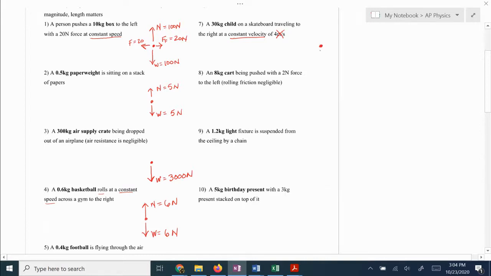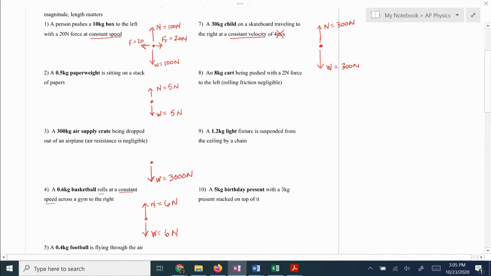We obviously have the weight force, or the force of gravity. That's going to be 30 times 10, so that's 300 newtons. And then we also have the normal force on the child, also 300 newtons.